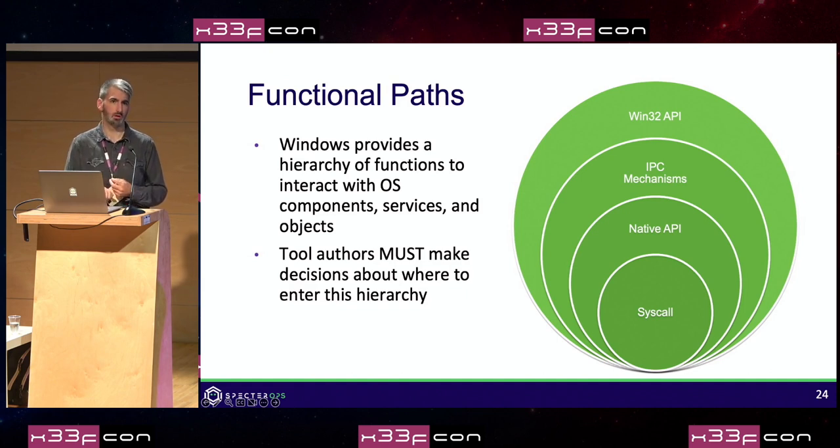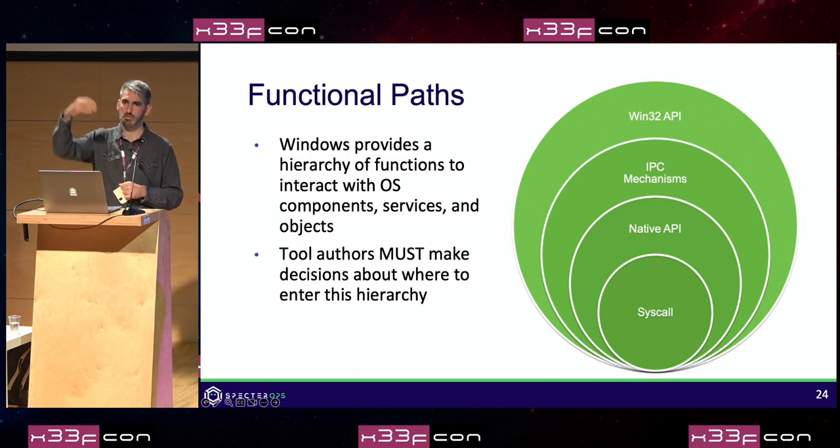And just a quick note about how functions work in Windows, specifically how Win32 API functions work. Windows provides us a whole hierarchy of functions to abstract away all the messy, ugly bits of how the operating system interacts with kernel objects under the hood. This diagram isn't exhaustive of all the paths you could take in terms of the different types of functions that are callable or not callable in Windows.